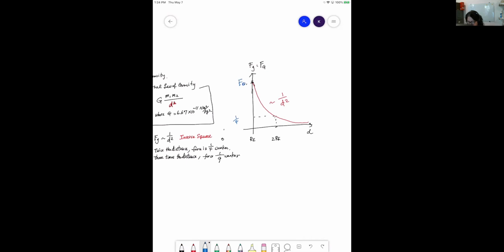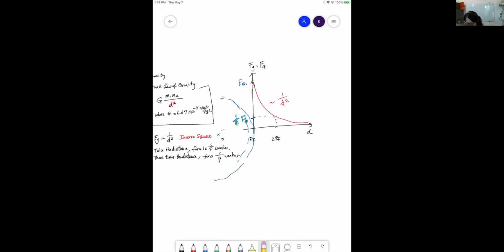If you go up, so this is the center of the Earth. The Earth is looking like this. This is the Earth here, and this is the center of the Earth. If you go up above the Earth, the same distance of the radius away, then the intensity of the gravitational force becomes 1/4 of where you were on the surface of the Earth.